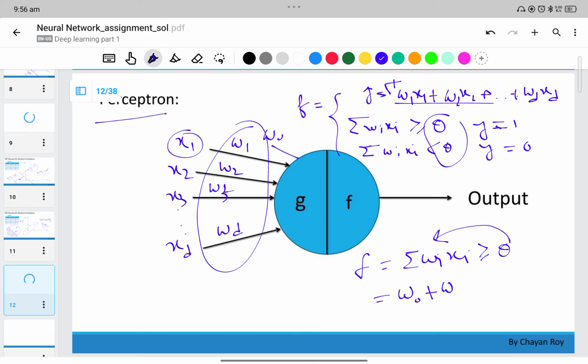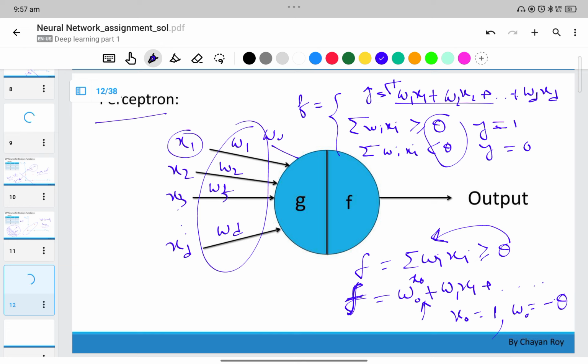So w0 plus w1 x1 and so on. So this is our new activation function. F looks like w0 plus and so on. Here we can introduce one another constant, that will be x0. So x0 is nothing but 1 and w0 is nothing but the previous theta that we were talking about, that comes to this side, so this will be negative.